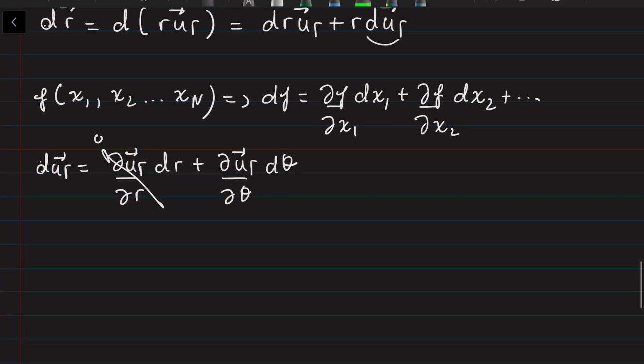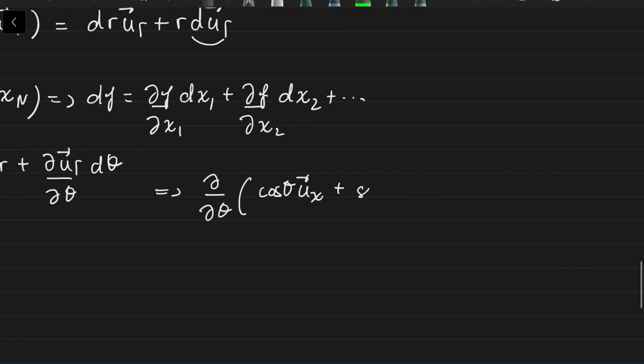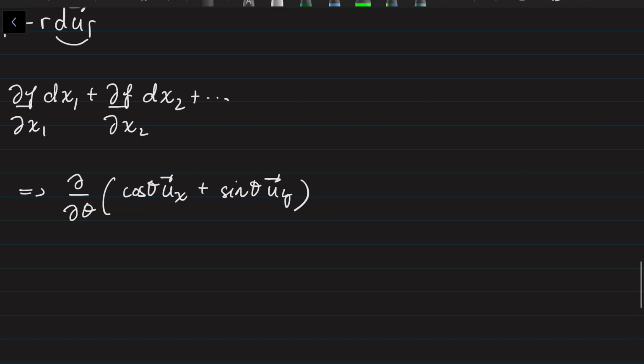Okay, so all that we have to calculate is partial ur by partial theta of cosine theta ux plus sine theta uy. Let's differentiate these terms. The derivative of cosine theta with respect to theta is minus sine theta, so minus sine theta.